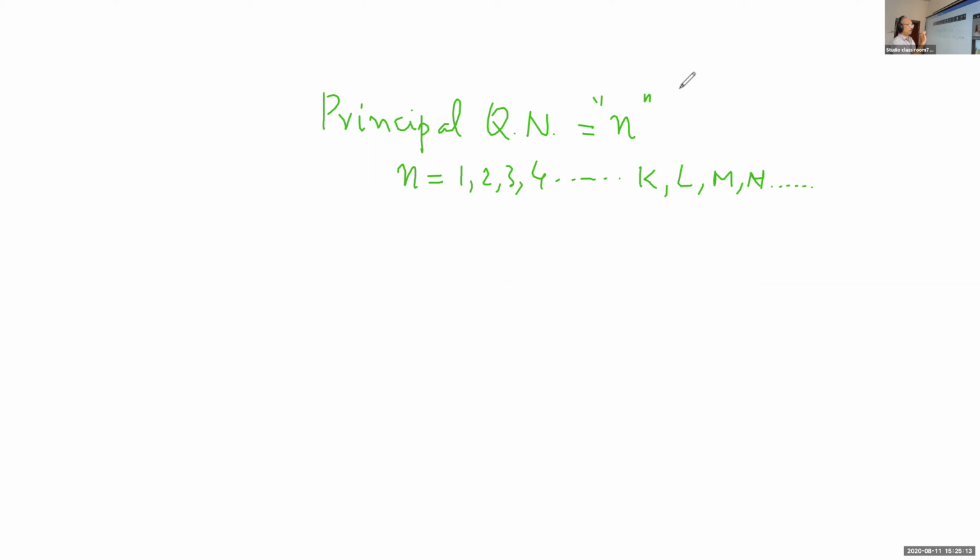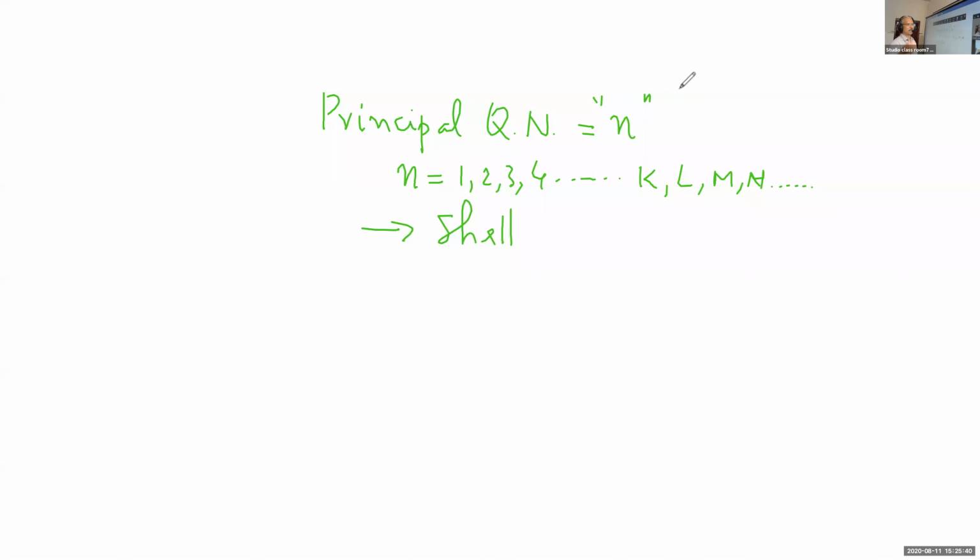The principal quantum number represents the shell or the orbit, and the values are 1, 2, 3, 4, etc. corresponding to K, L, M, N, etc. shells. It represents the shell.